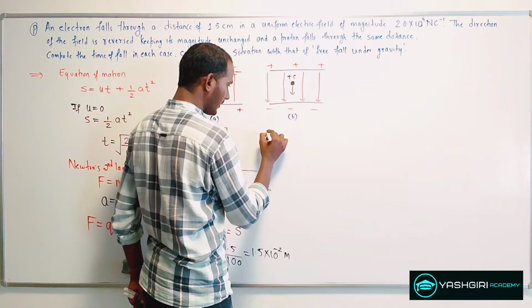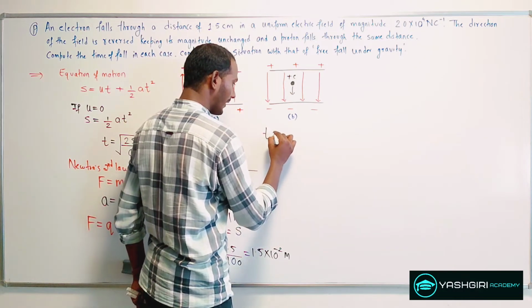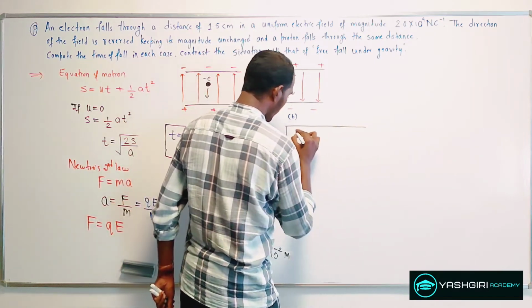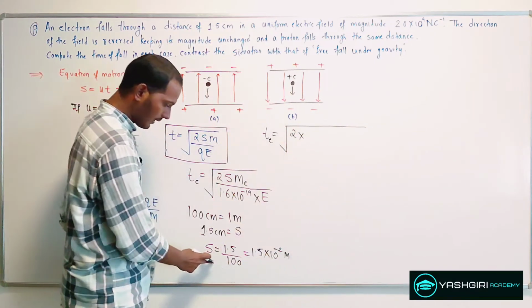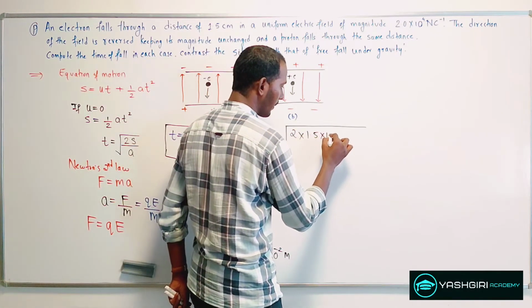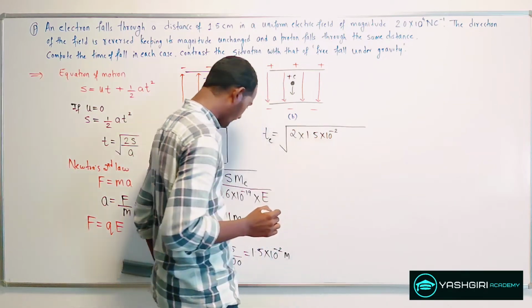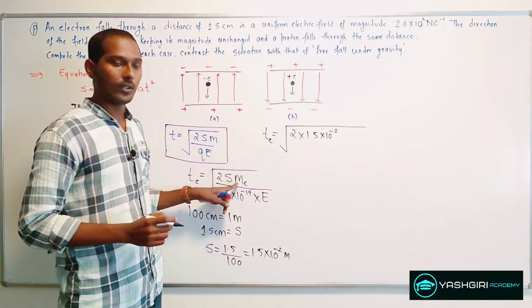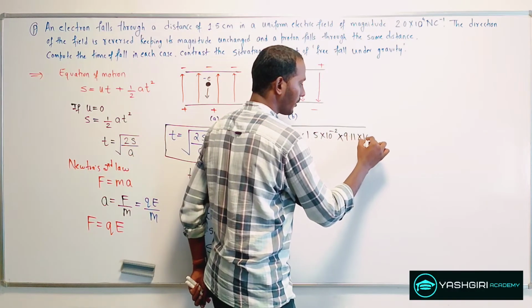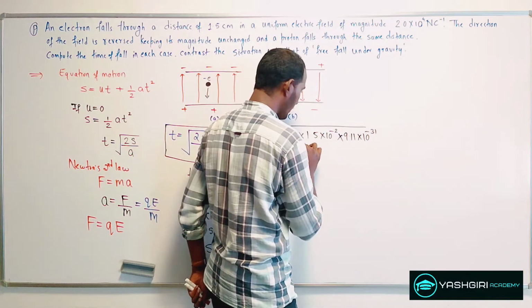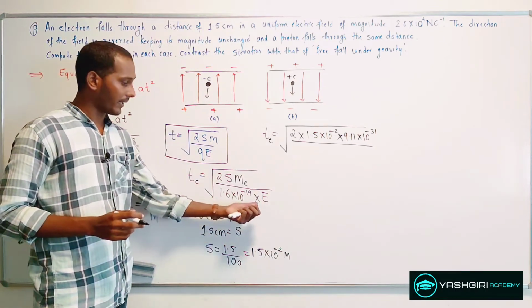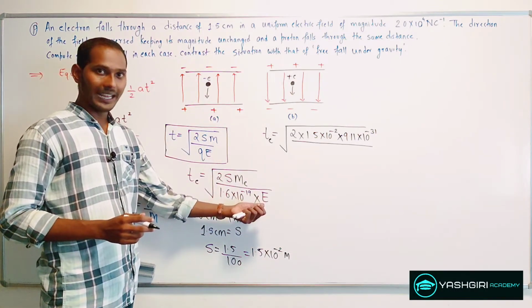So here I can get it, the time of the electron that you will be getting is square root of 2 into this distance 1.5 into 10 to the power minus 2 meters into the mass of the electron. So that is your 9.11 into 10 to the power minus 31 kg by the charge multiplied by the magnitude of the electric field.